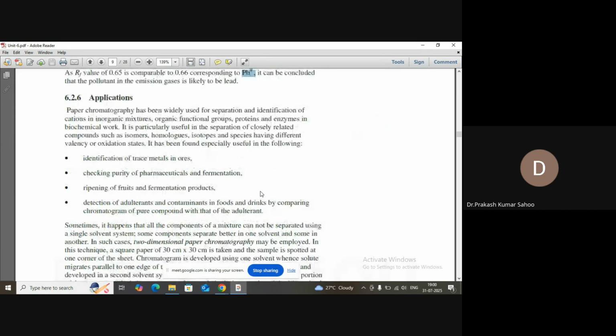Then we have the applications: identification of trace metal in ore, checking purity of pharmaceuticals, fermentation, ripening of fruit and fermentation of products, and detection of allergens and contaminants in food and drinks by comparing the chromatogram of a pure compound with that of the adulterated one.